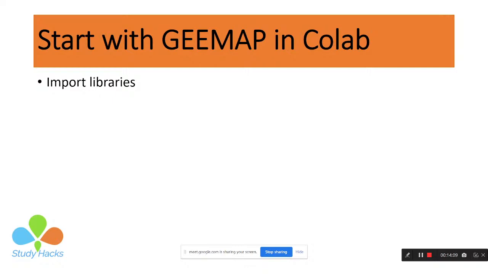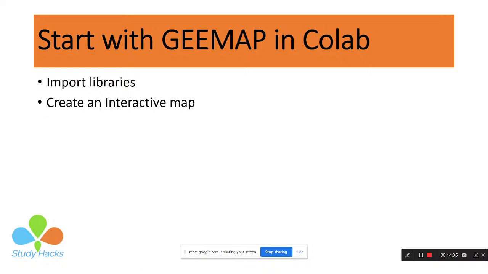First, we need to import geemap. We also need to import Earth Engine. Then we need the verification with our Earth Engine account, which we already completed, and we also need to use initialize. So all of the libraries are already imported.